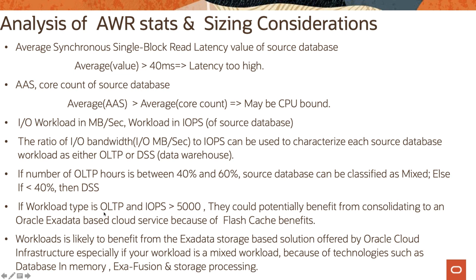If you have identified the workload type as OLTP and IOPS is greater than 5000, then it could potentially benefit from consolidating to an Oracle Exadata-based cloud service because it has flash cache, and the workload can benefit from the flash cache. The workload is likely to benefit from the Exadata storage-based solution offered by Oracle Cloud Infrastructure, especially if it is a mixed workload, because of technologies such as Database In-Memory, Exafusion and storage processing, which are available on Exa systems.